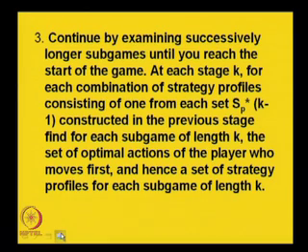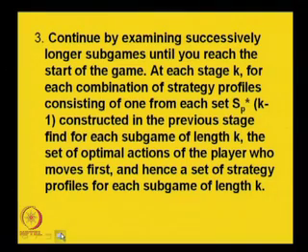This is the third stage. Continue by examining successively longer subgames until you reach the start of the game. So, this is just induction. At each stage k, for each combination of strategy profiles consisting of 1 from each set S_P^*(k-1) constructed in the previous stage, find for each subgame of length k the set of optimal actions of the player who moves first, and hence the set of strategy profiles for each subgame of length k.